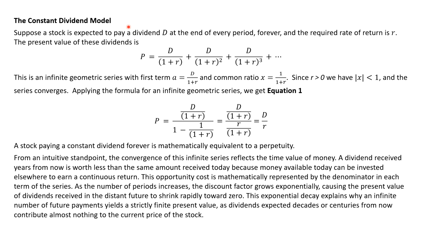But we're taking the simplest model here where the constant dividend is expected every period forever. We'll call that D. And then R is the required rate of return for someone in order to invest money in the stock. So this rate R is more subjective.